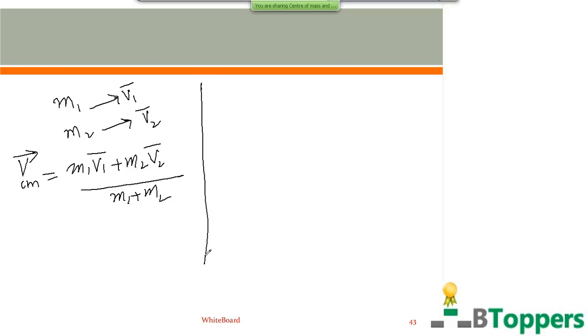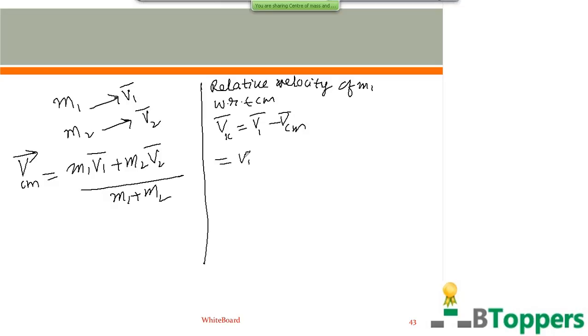So the relative velocity of m1 with respect to the center of mass, denoted by v bar subscript 1c, is equal to v1 bar minus v_cm bar. You can substitute v_cm bar equal to m1 v1 bar plus m2 v2 bar by m1 plus m2.